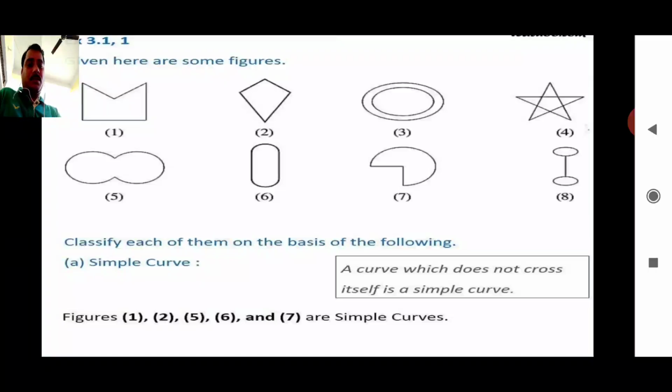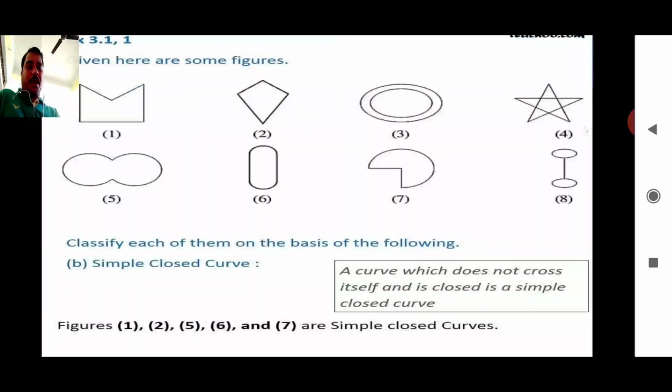Let us see the second part, B part. Classify each of them on the basis of the following. Part B, simple closed curve. You know that a curve which does not cross itself and is closed is a simple closed curve, means first it is simple, then it must be closed.